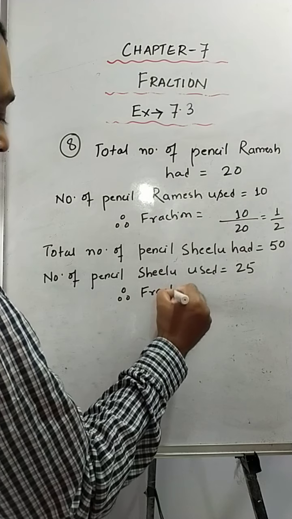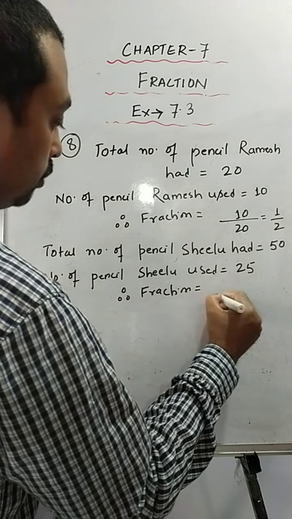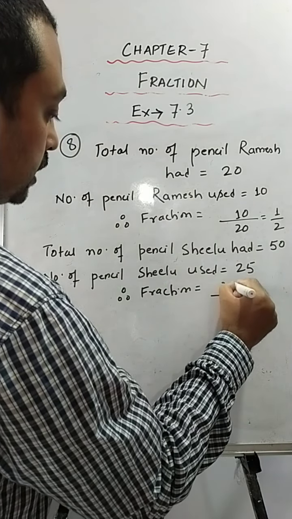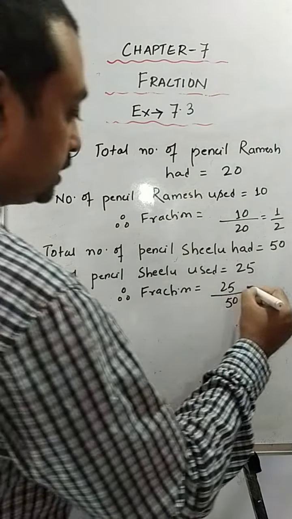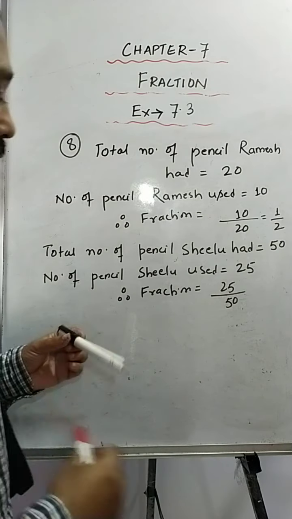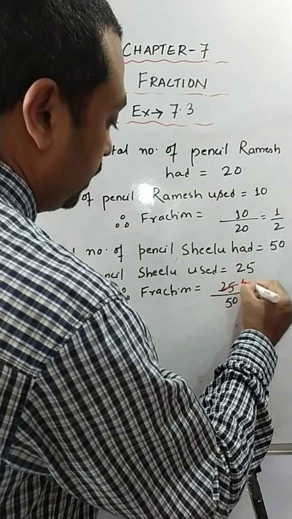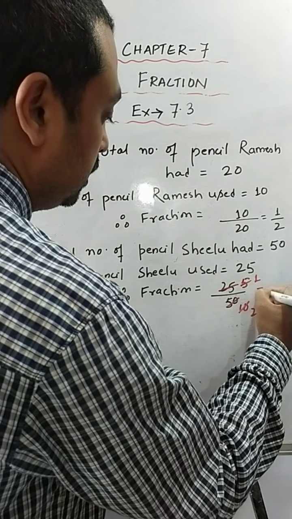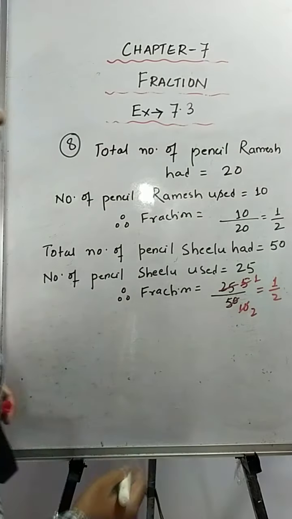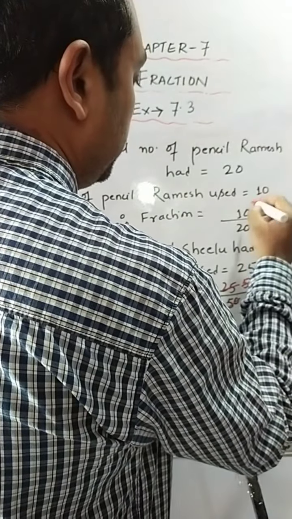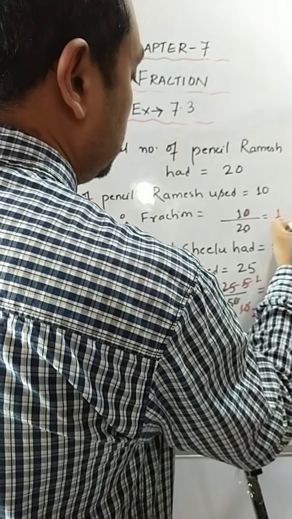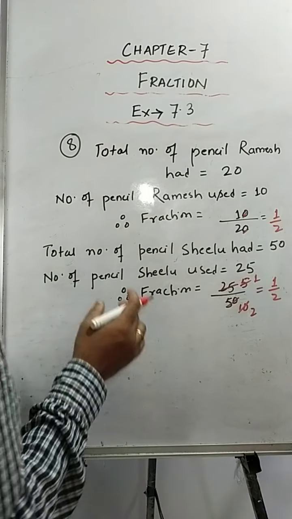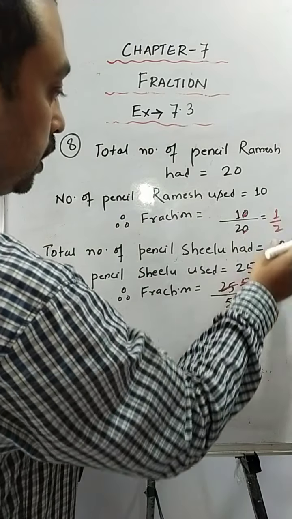Therefore the fraction is, out of 50 pencils she has used 25. If I have to reduce this with 5, then 5 5s are 25, 5 10s are 50, 5 1s are 5, 5 2s are 10. So your answer is 1 by 2. In both the cases we can observe that the answer is 1 by 2, 1 by 2.